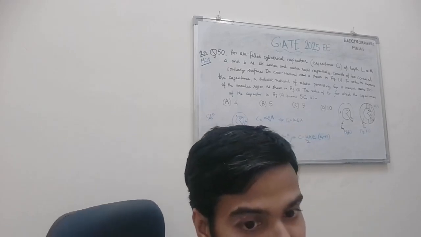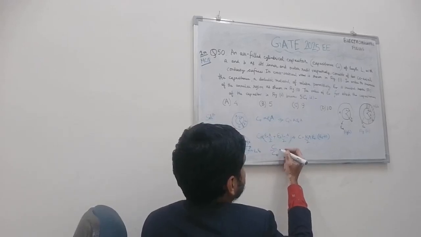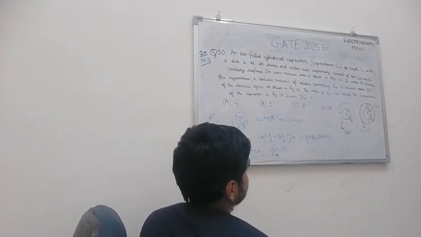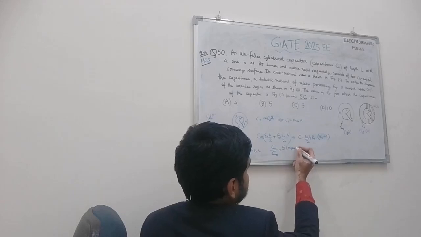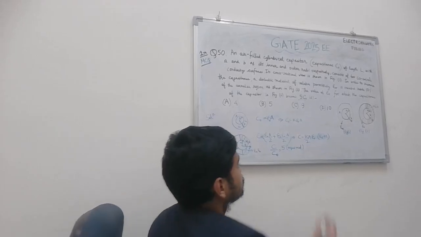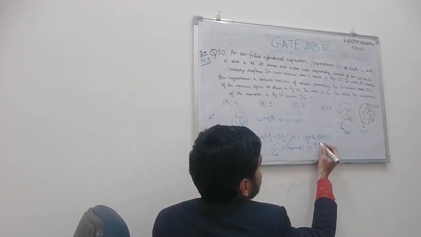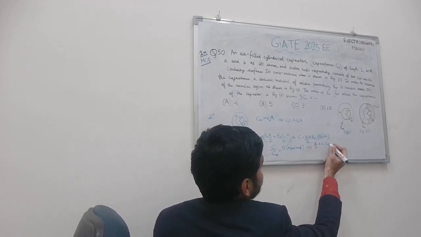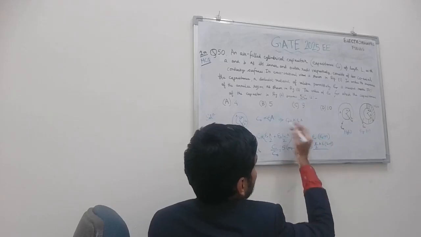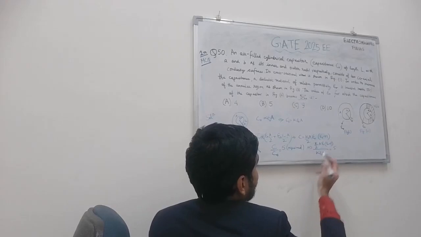Now if you take the ratio of C by C naught, it should be equal to 5, as required. To take the ratio, K gets cancelled. K by 2 into epsilon naught into 1 plus epsilon r, that is the expression of C. Expression of C naught is K times epsilon naught A. This should be equal to 5.